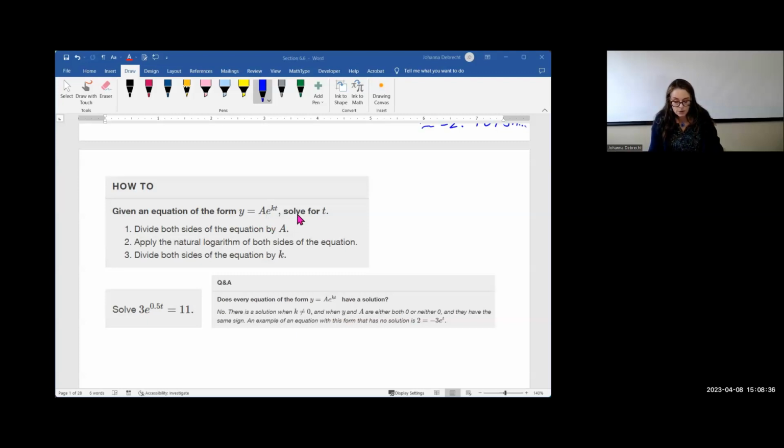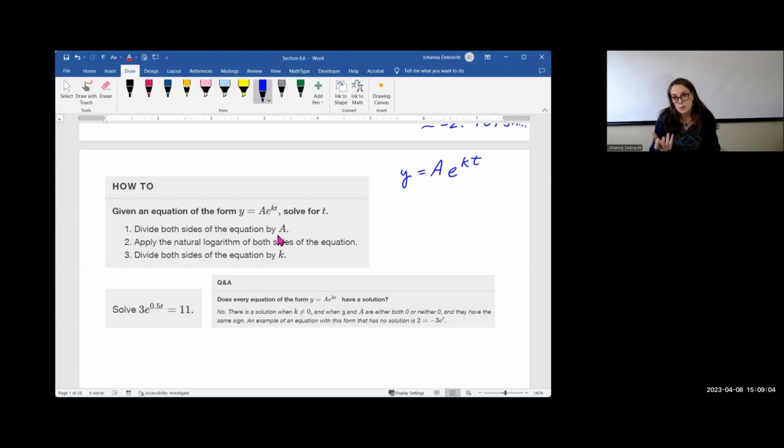Now, if we're given one of these, how can we take this equation and get our hands on that t? I mean, that's what we're really trying to do. In order to get our hands on the t, I'm going to have to apply that logarithm property that pulls the power to the line. But before I can do that, I need to isolate things.